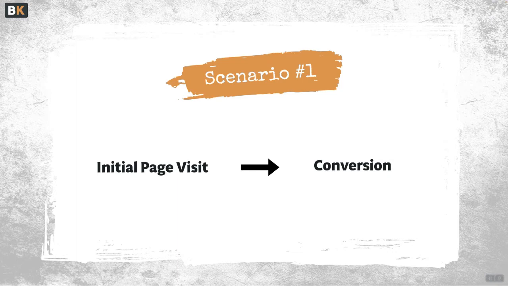Everyone is hoping that this is the scenario that would happen when a new visitor lands on a page on their website. They have their initial page visit and they immediately convert into a lead or into a sale. But the reality is that most scenarios look something like this.